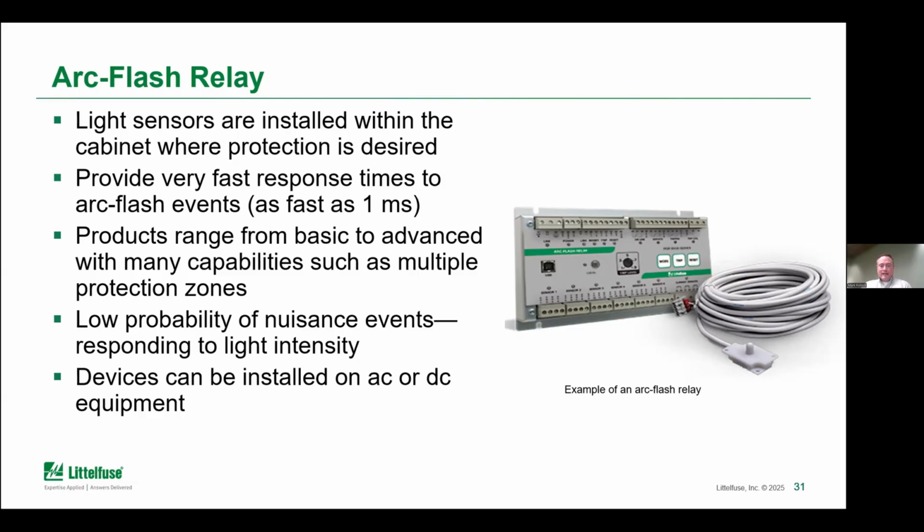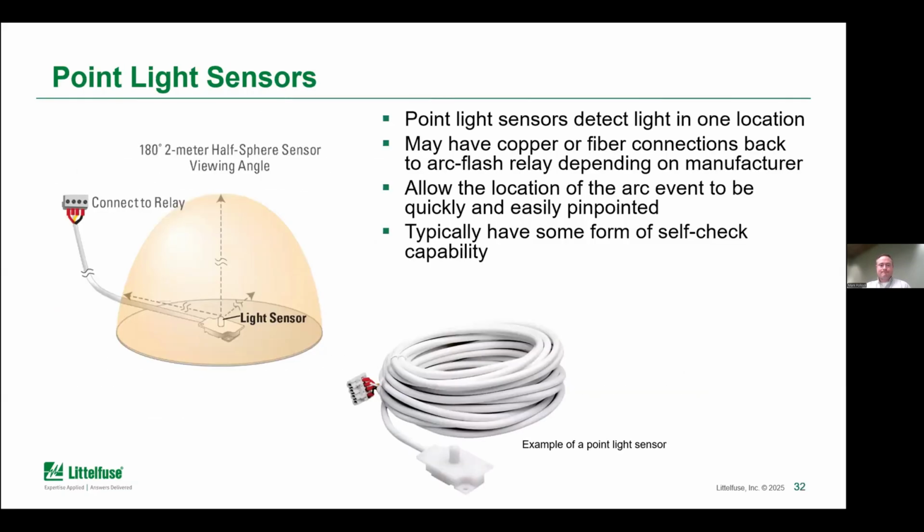And these devices are interesting because they're based on light, so they're really applicable to both AC and DC types of equipment. So that can be one advantage of looking at arc flash relays as a mitigation measure. Now, the sensors themselves that are used to measure light, typically when you look on the market, there's two types of sensors.